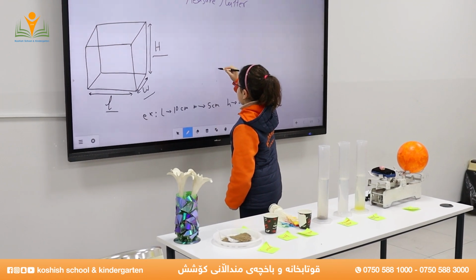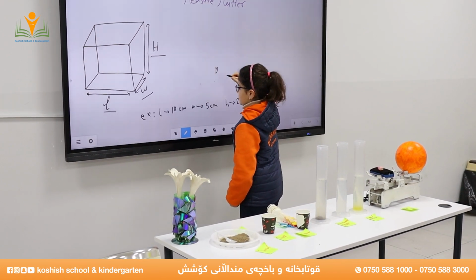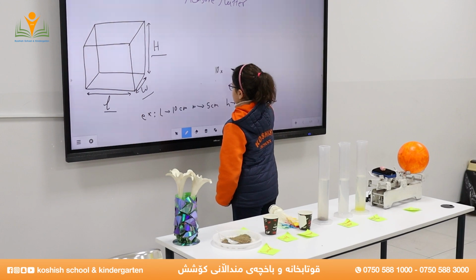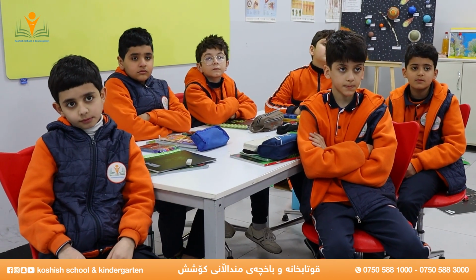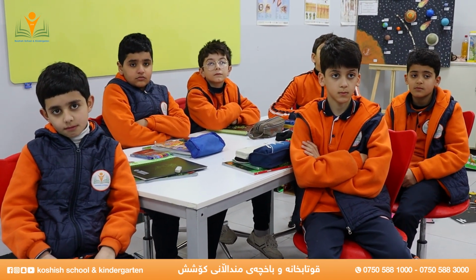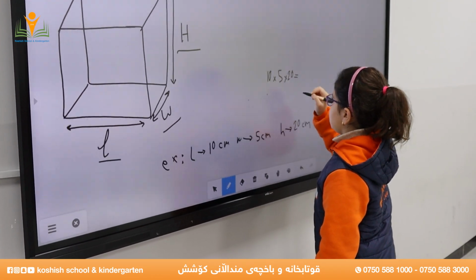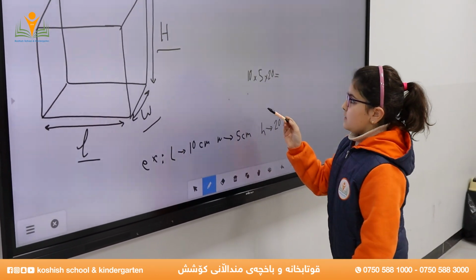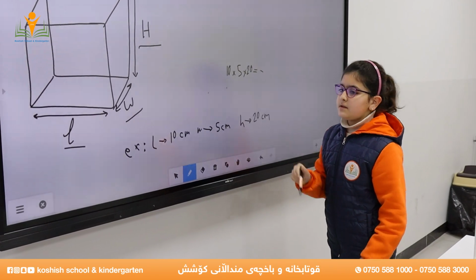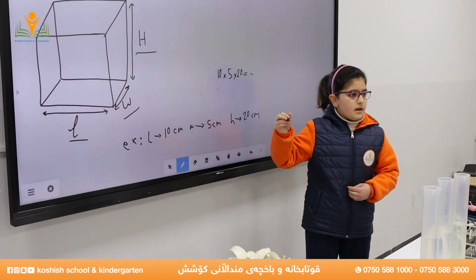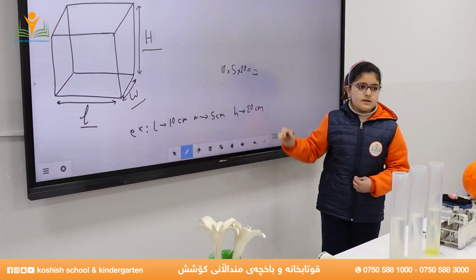Then we have to multiply 10 times 5 times 20. First, and the equal is, and the result is the volume.